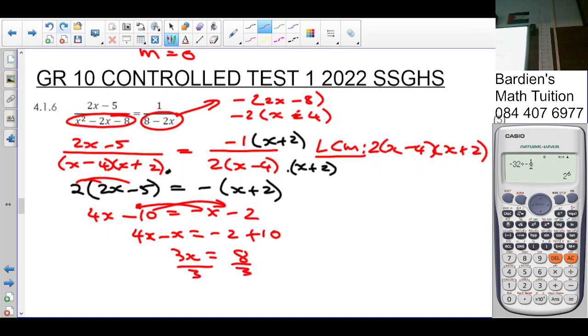Divide by 3 both sides, therefore x is equal to 8 over 3. Okay. So the next question.